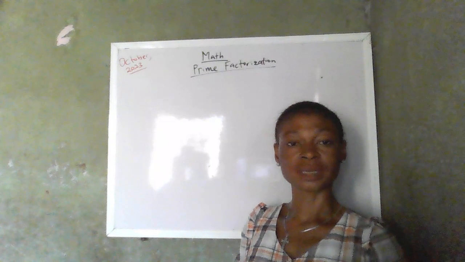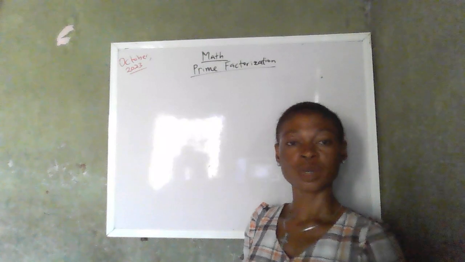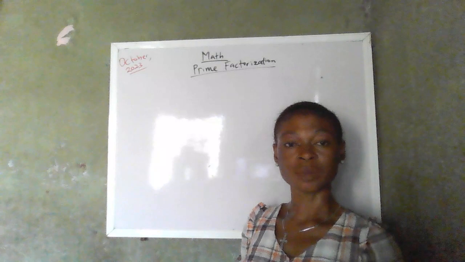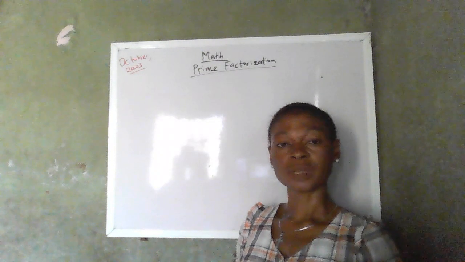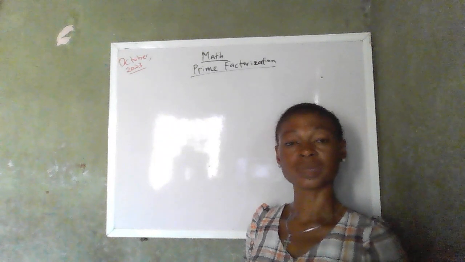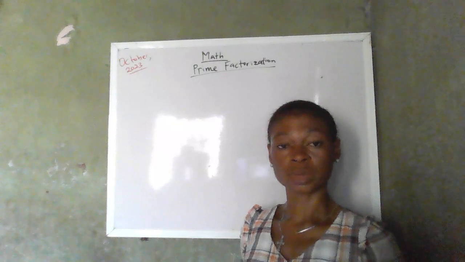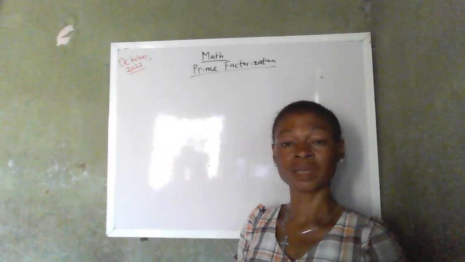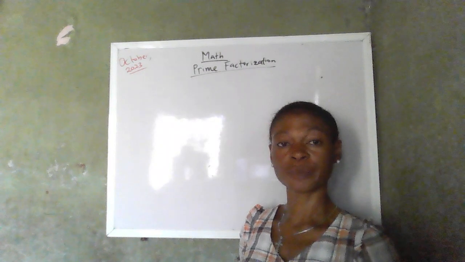In today's lesson for this particular grade in math, we're still continuing in the series prime numbers. For the last lesson, we expressed some given numbers as products of their prime factors in index form using the multiplication method.